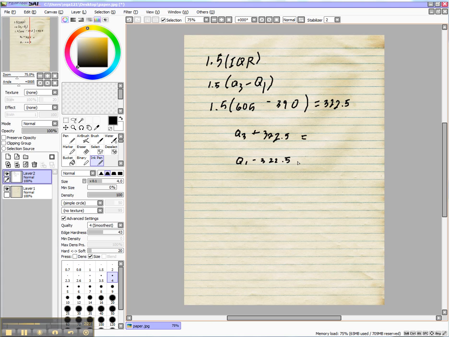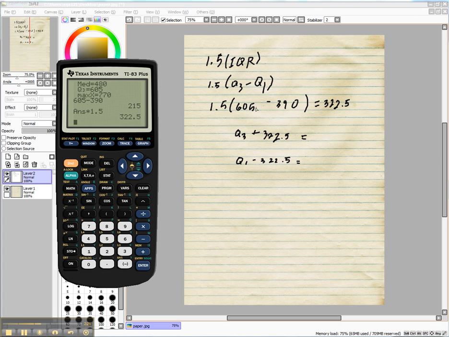So let's do this in the calculator. Our third quartile is 605, so 605 plus 322.5 is 927.5. And then let's just do the first quartile minus 322.5, so 390 minus 322.5.